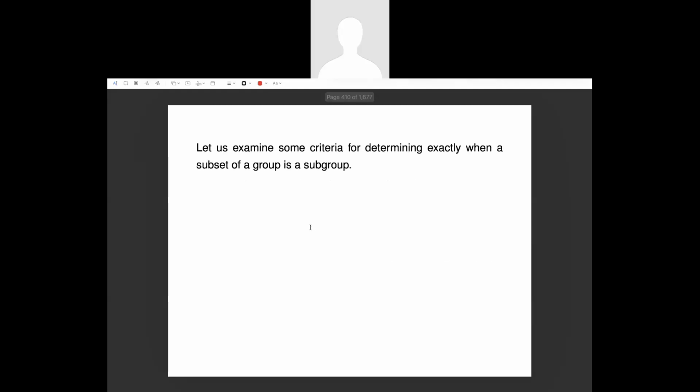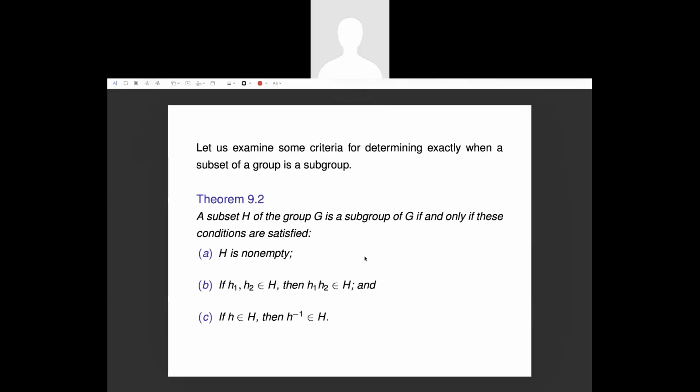Now let us examine some criteria for determining exactly when a subset of a group is a subgroup. This is the theorem, so there is no need to check each and every step. If H is a subset of a group G, then H is a subgroup of G if and only if these conditions are satisfied.